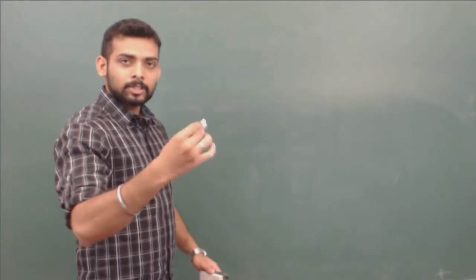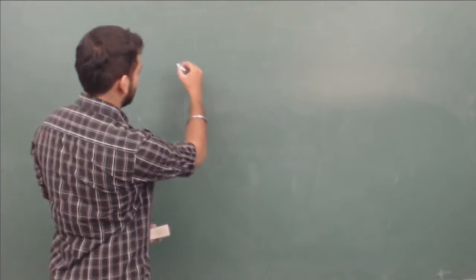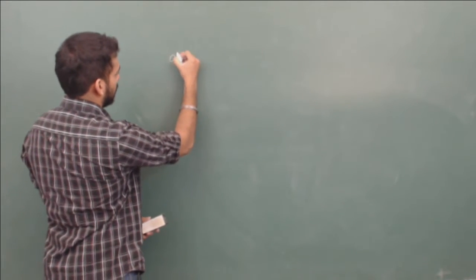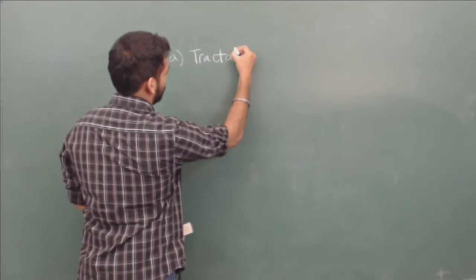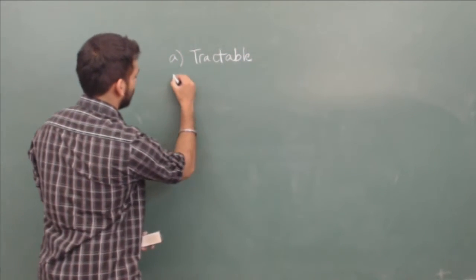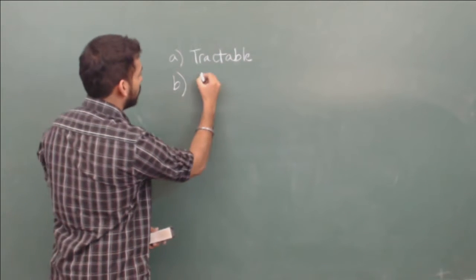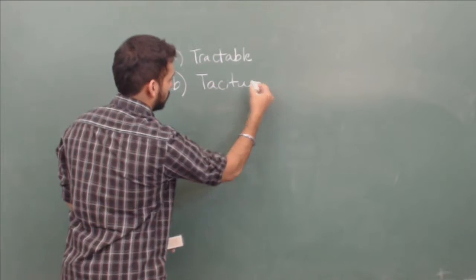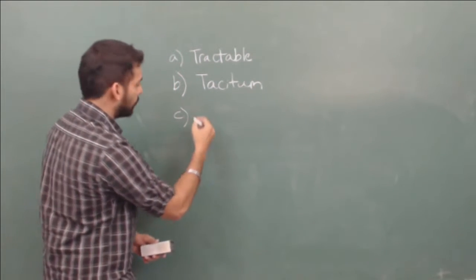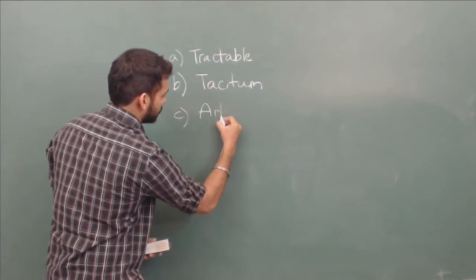So let's not even look at the question. I'll just give you 6 words as options. A, I will put the word tractable. B, the word taciturn. C, the word arbitrary.